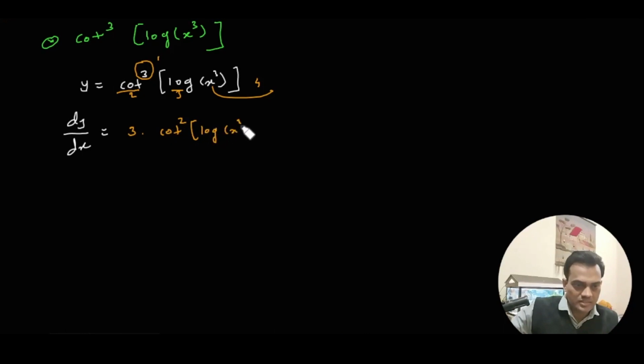So first of all we have to solve the first function, that is the power comes in multiplication and power will be reduced by 1. Like this, and then the derivative of the second function, the cot function, log of x cube as it is.